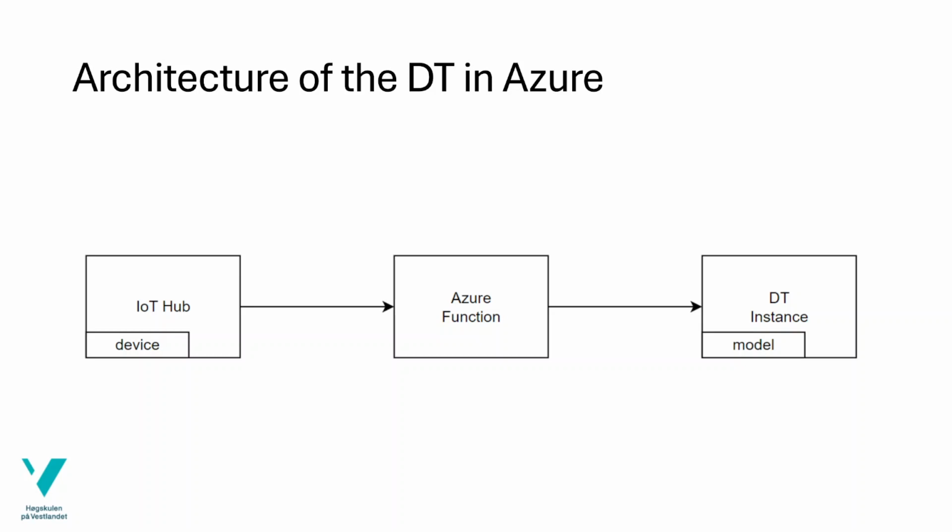The Azure function, which is the middle component, acts as the data processing module. So this is effectively where the logic is in the system. And further on from that, we have the actual DT instance or the representation of the DT model itself.